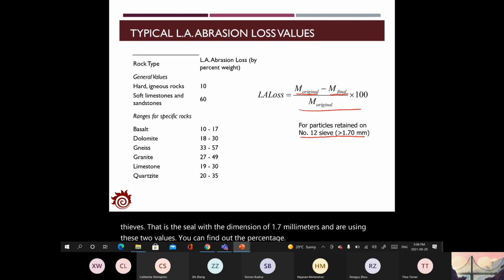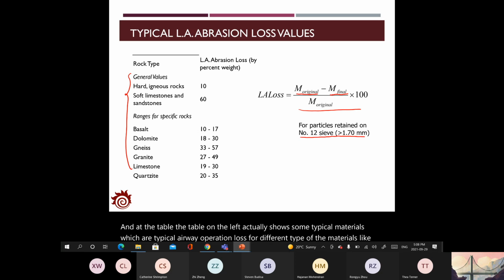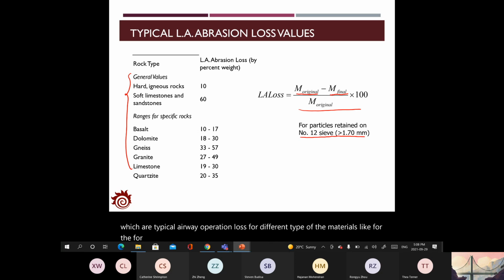The table on the left shows some typical materials and the typical LA abrasion loss for different types of materials. For some sandstones, the loss could be as high as 60%. For limestones, it will be much smaller, 19 to 30%.